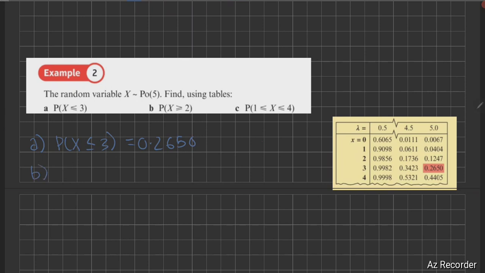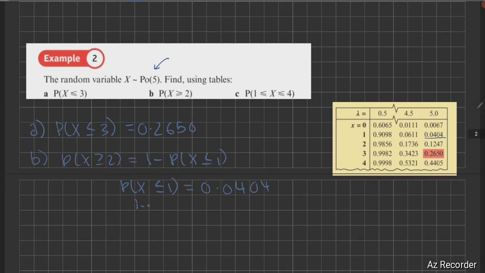For B, the probability that x is greater or equal to 2 is equal to 1 minus the probability that x is less than or equal to 1. So the probability that x is less than or equal to 1 when lambda is 5, we have 0.0404. You see that here.